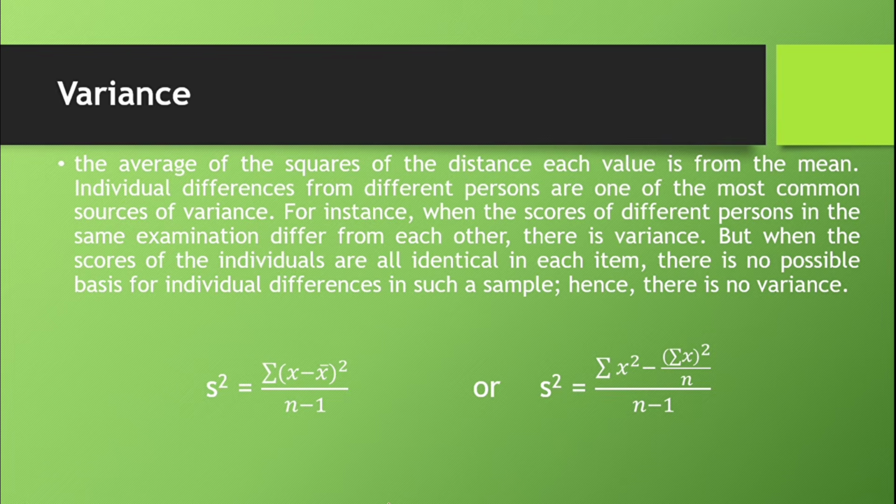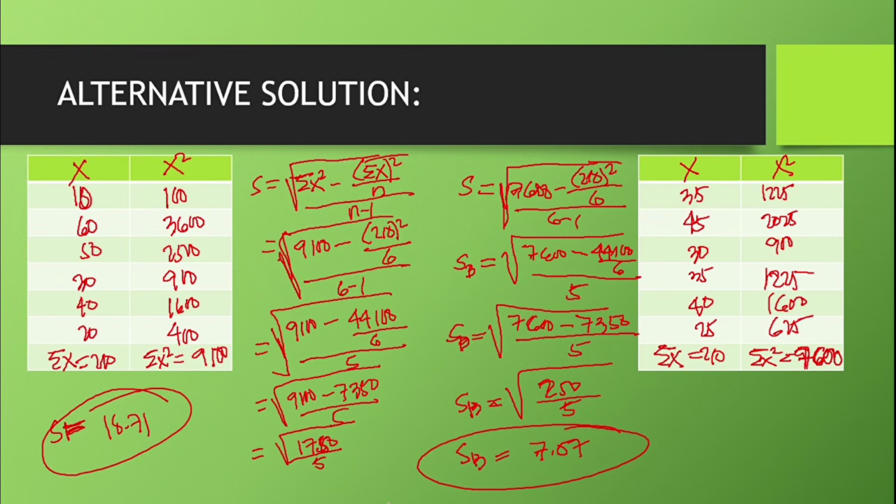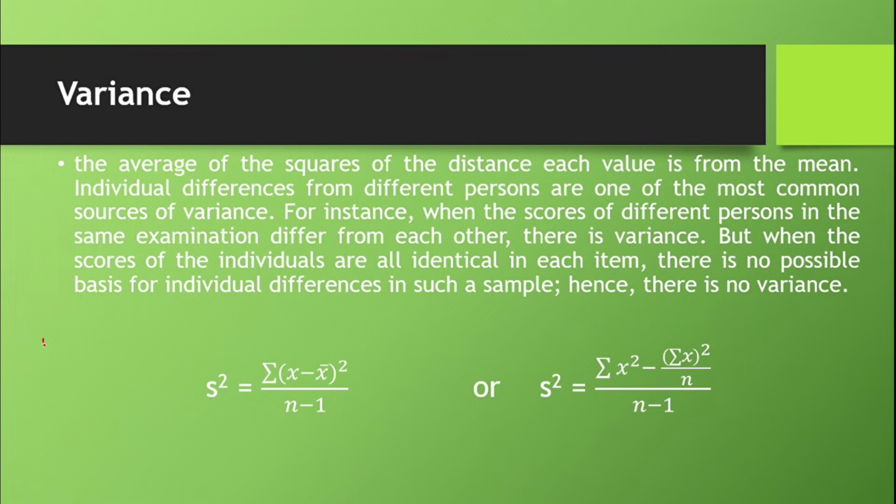So how do we take the variance of this one? If the standard deviation of A is equal to the square root of 1,750 over 5, to take the variance we just square it. So the variance of A is 1,750 over 5, which is 350.